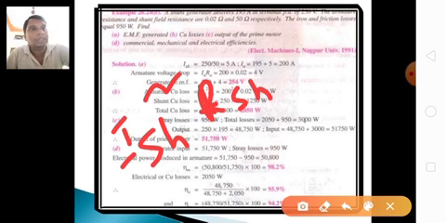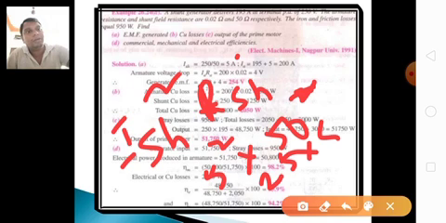Ish value is given already, 5 whole square, into Rsh, which is 50. So 5 square means 25, 25 into 50 is 1250.